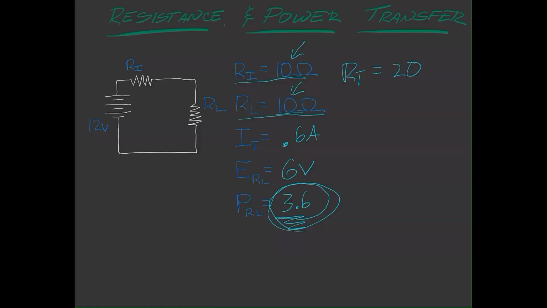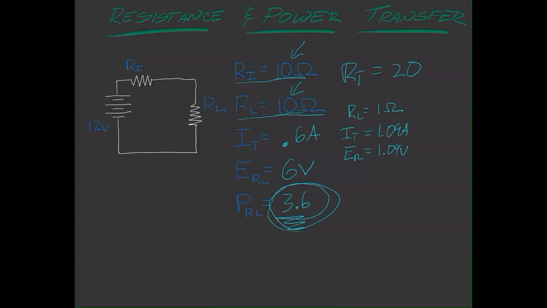That seems pretty crazy, doesn't it? Let's take a look at some extreme cases. Let's assume that the load resistor is 1 ohm. In this case, we have a total resistance of 11 ohms, right? So my current is 1.09 amps. Current went up. The voltage drop then is, of course, because we said this is 1 ohm, 1.09 volts.